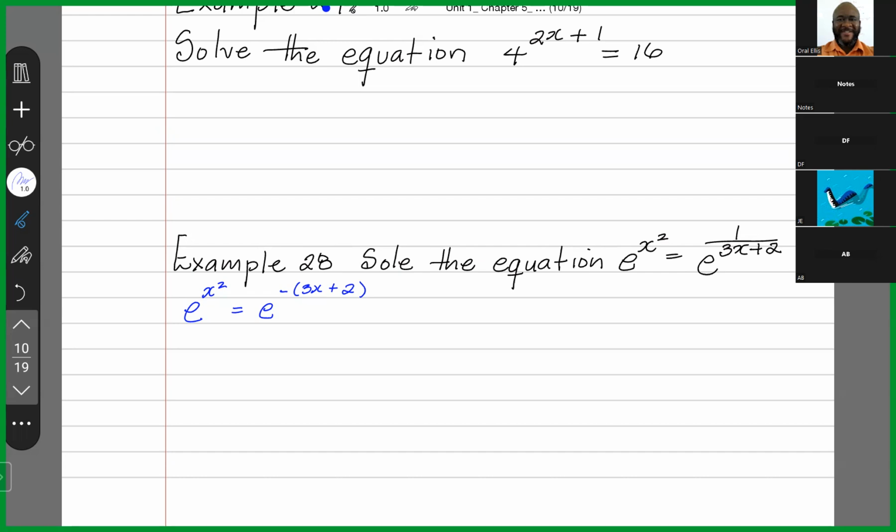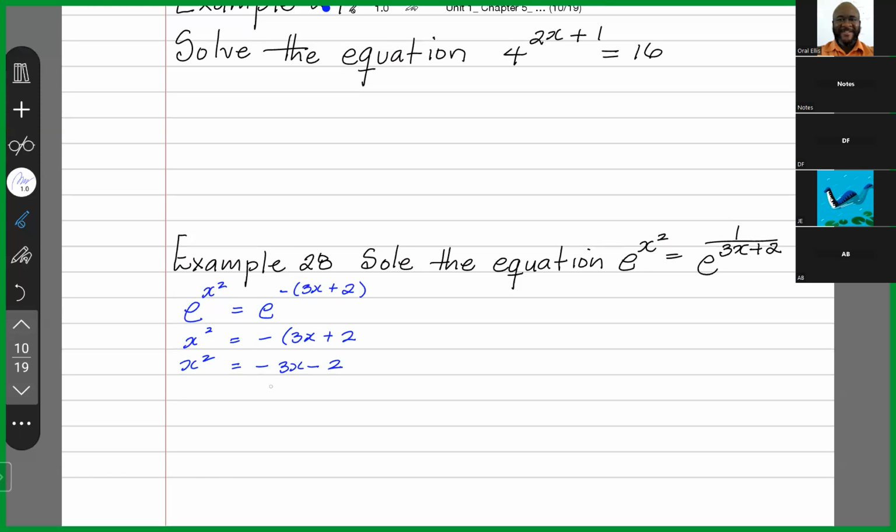So now that the base is the same on both sides, the powers are equal. So it means that x squared would be equal to minus (3x plus 2). Then I'm going to have x squared is equal to minus 3x minus 2. All I did there was to remove the bracket by applying the distributive law.